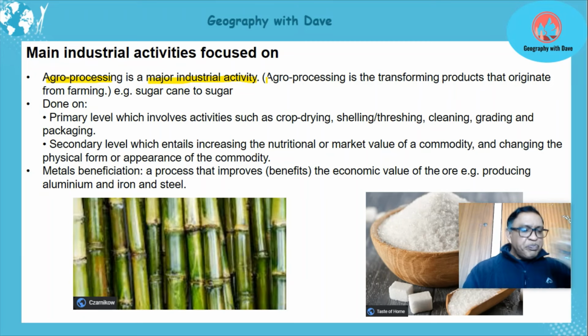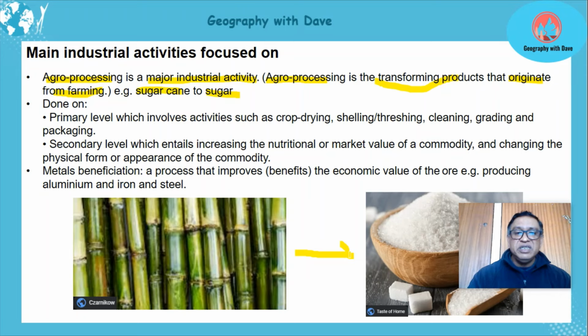Agro-processing is transforming products that originate from agriculture or farming. It doesn't have to be a complicated transformation, like sugar cane to sugar. There we have it here. I'm going to put my arrow here. Can you see it? Sugar cane to sugar. It's agro-processing, processing agricultural products. That's where we get the name from.